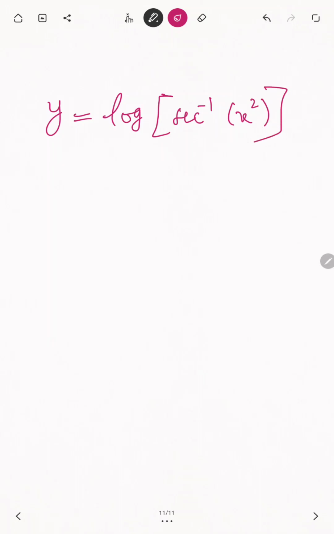Next one. Y is equal to log of secant inverse x square. Then you write log of f of x. Okay? F of x is secant inverse x square.